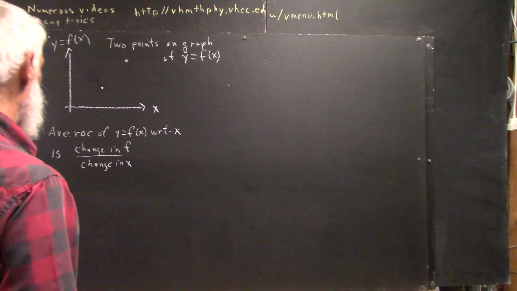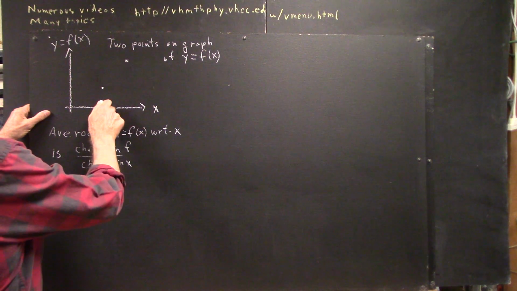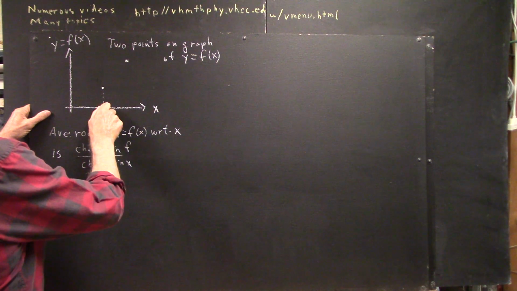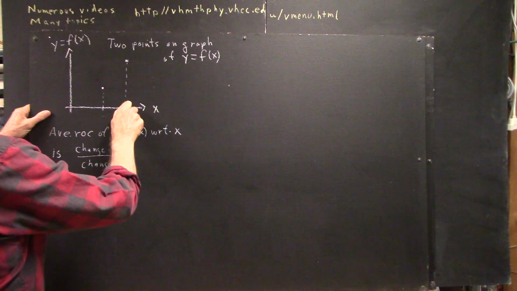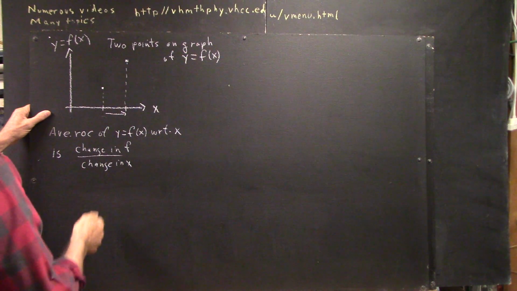Okay? So what's the change in x according to this graph? Well, right here is the change in x. Here's the first x value, here's the other. Here is change in x.